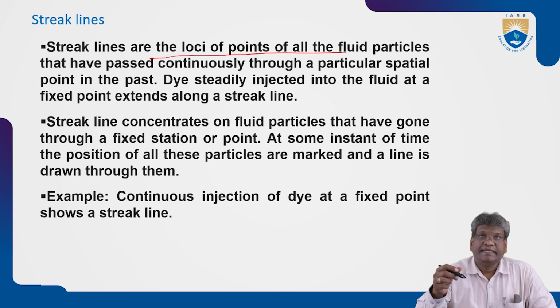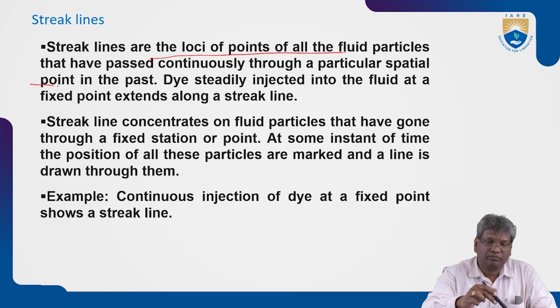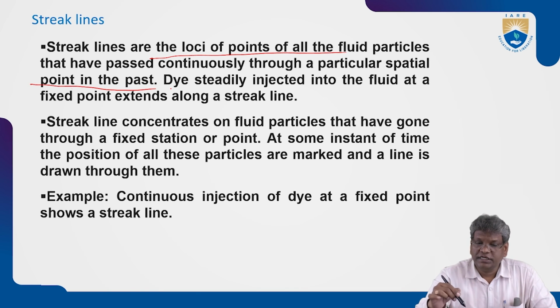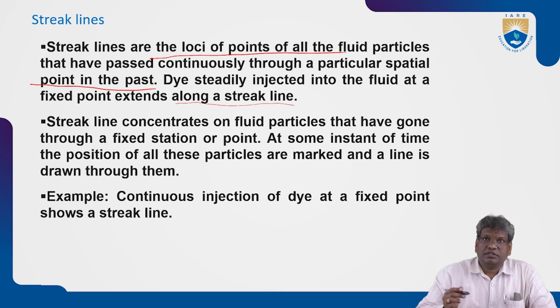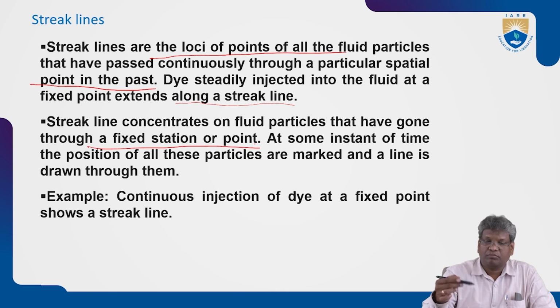That is why streak lines are loci of points of all fluid particles that have passed continuously through a particular spatial point. Dye steadily injected into the fluid at a fixed point extends along a streak line. So a streak line concentrates on fluid particles that have gone through a fixed station point.